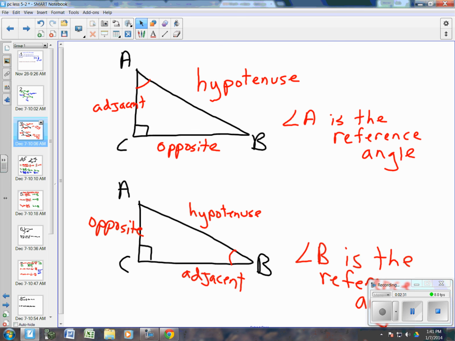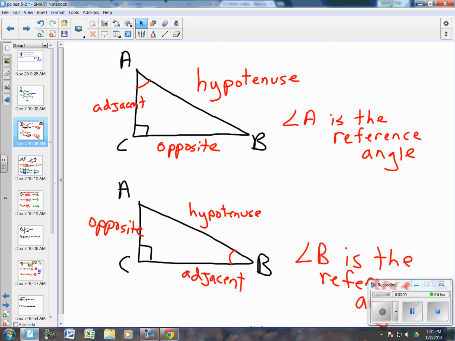And then adjacent. What does the word adjacent mean? No, the word adjacent does not mean opposite. Opposite means opposite. What does the word adjacent mean? Okay, it means next to. That's exactly it. It means next to something. So here's angle A. There's two sides actually that are next to angle A, right?